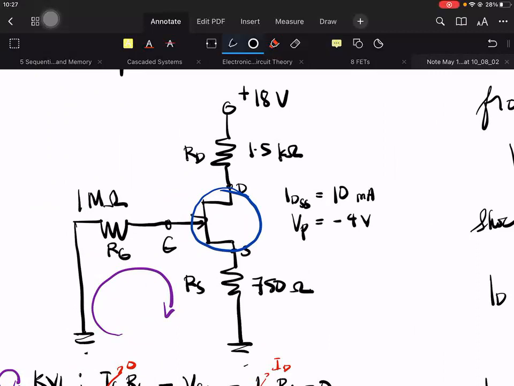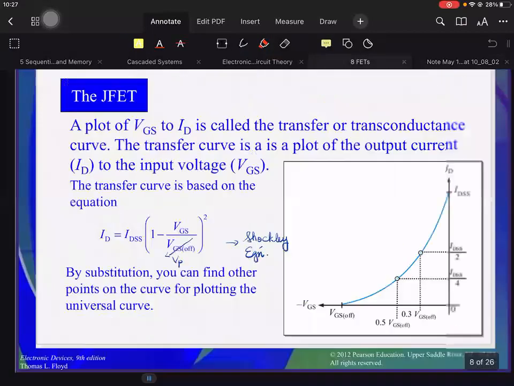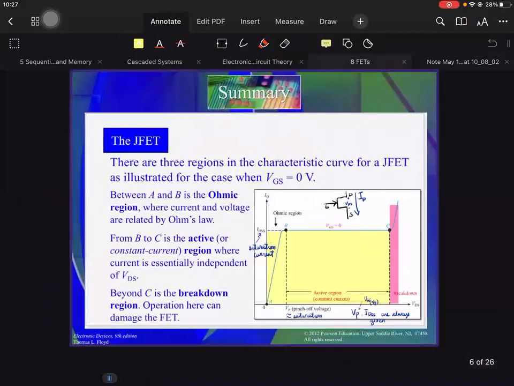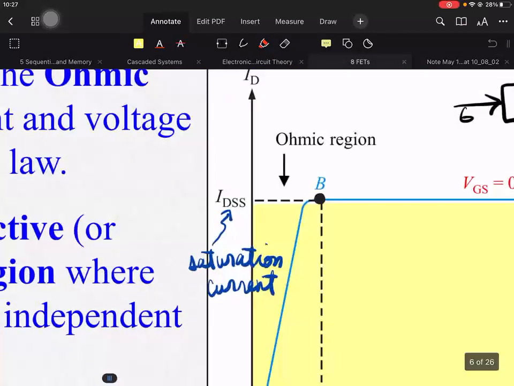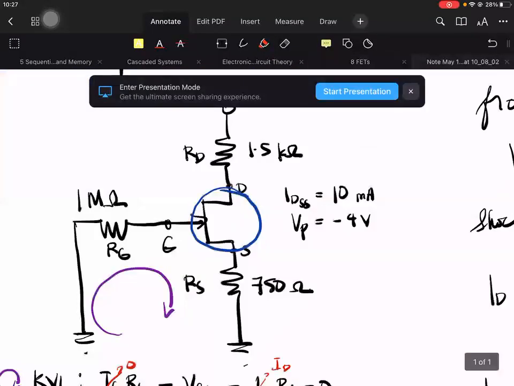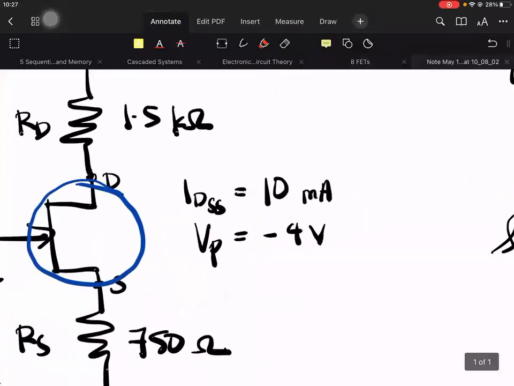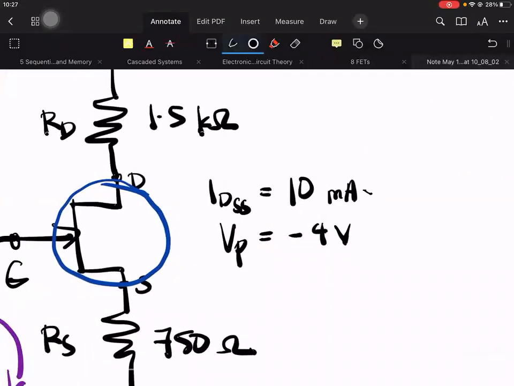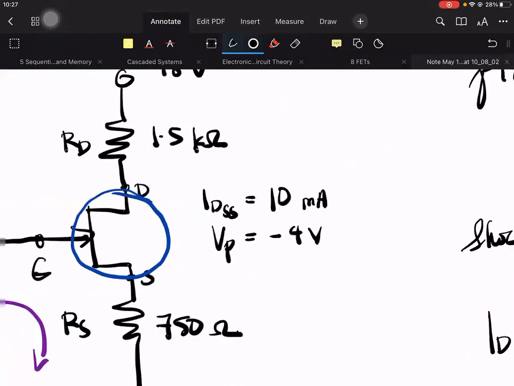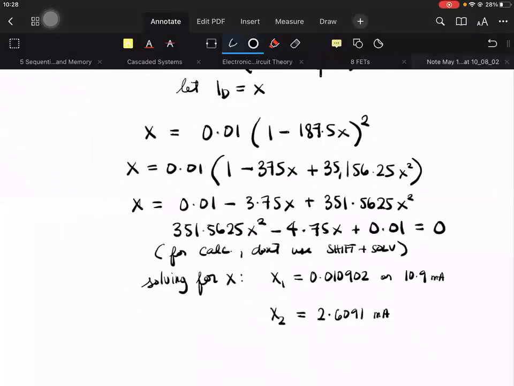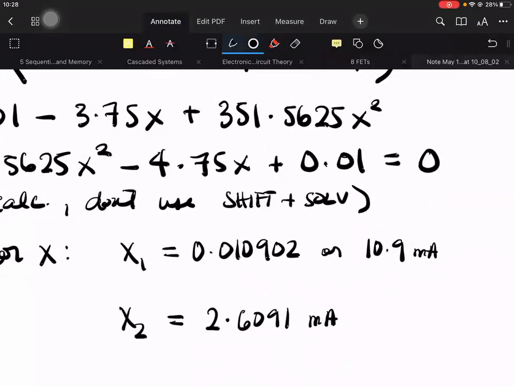IDSS is the saturation current, meaning it's already the maximum value. So 10 milliamperes is the saturation current of our device and of our circuit also. So if we obtain 10.9 milliamperes, this can't be used. It has exceeded the limit.